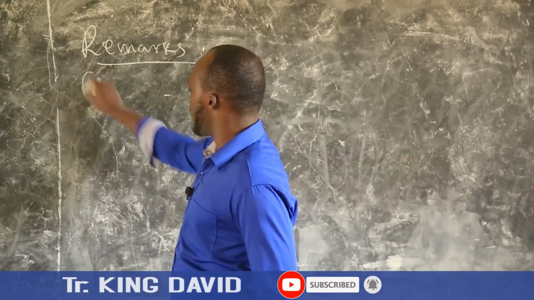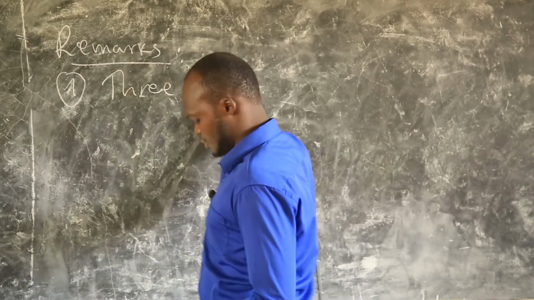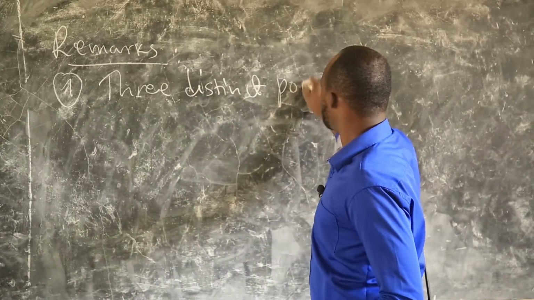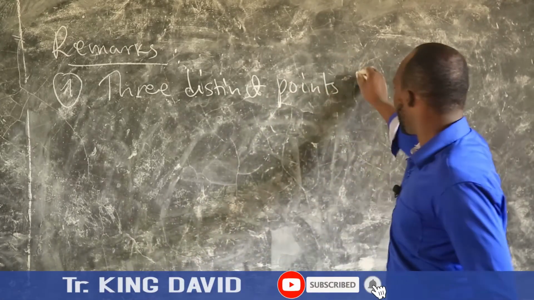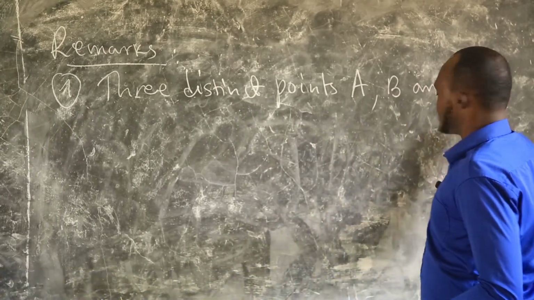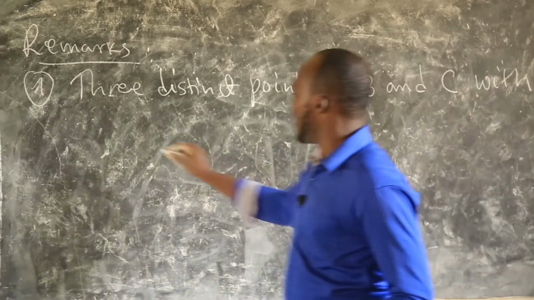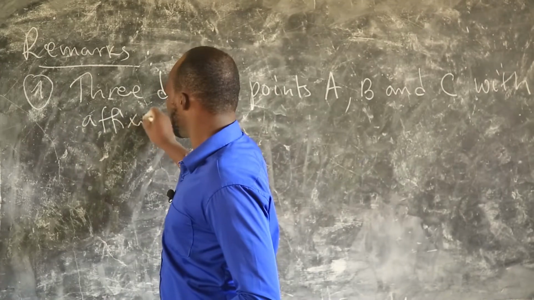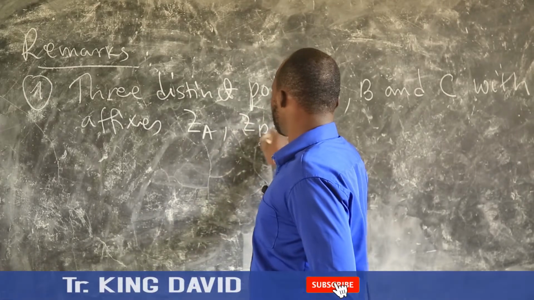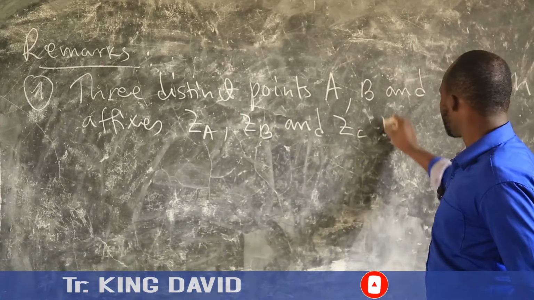Remark number 1: when you have 3 distinct points like A, B, and C with affixes ZA, ZB, and ZC, respectively.